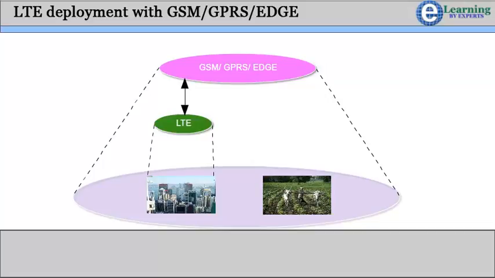In a large network, this will result in LTE coverage appearing as islands in the middle of the larger GSM coverage area. The size and location of LTE coverage areas will be driven by market demand. In the rural areas, which do not have a demand for high data rate services, the operator can hand down LTE users to the GSM GPRS EDGE network.